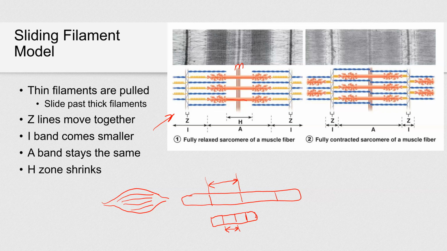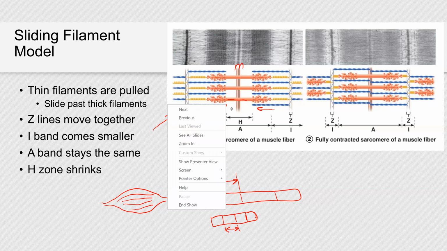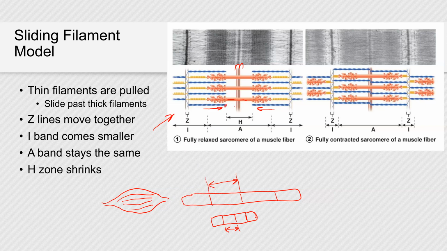Now, if myosin heads connect to actin and they pull this actin towards the midline, so imagine that those are little arms of myosin. If myosin can grab on actin and it can pull actin towards the midline, look, it happened right here. See how my myosin here is not touching the M line, right? There is a distance.